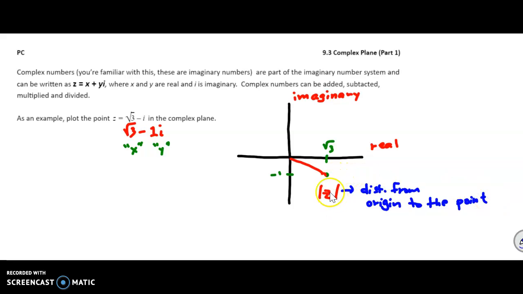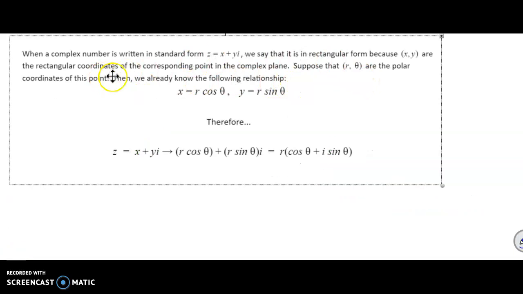It looks like an absolute value, and it kind of is, because the distance is always a positive value. The magnitude of z is the distance from the origin to the point. This is also in your notes. You could take a pause here and read on your own if you'd like.